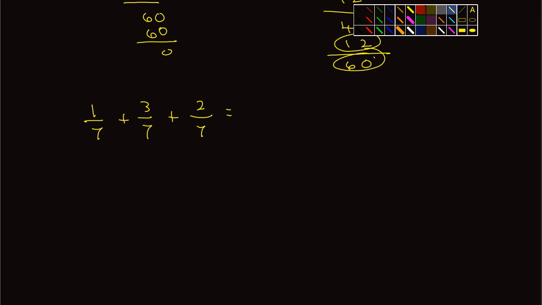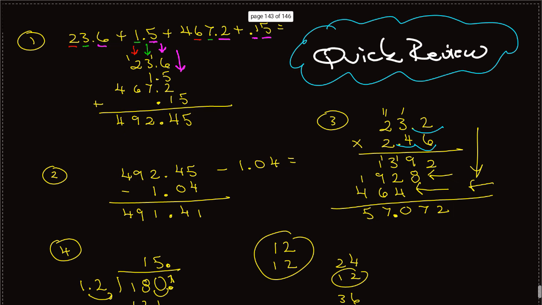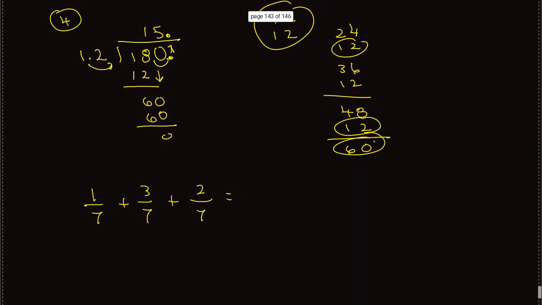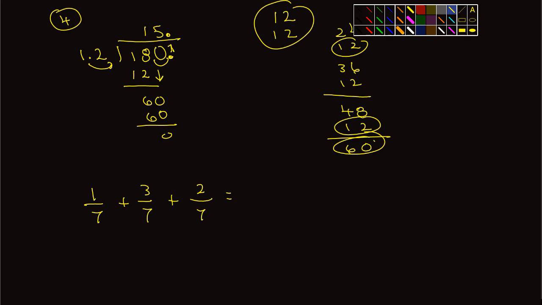This is number 5. Got to keep track of these. What's the answer to that one? Okay, so you should know that since they all have the same common denominator, you just add the tops. 1 plus 3 is 4, plus 2 more is 6. The answer is 6/7.